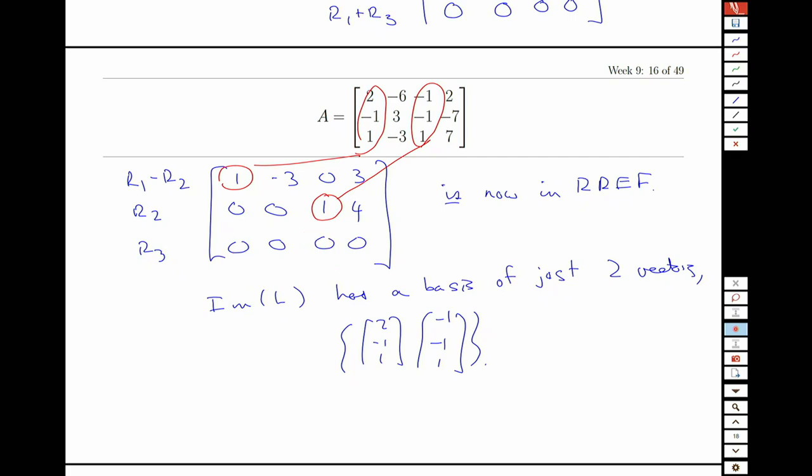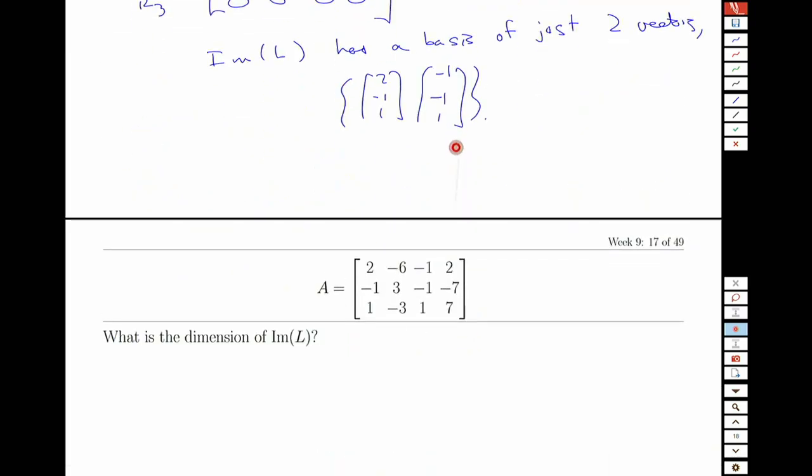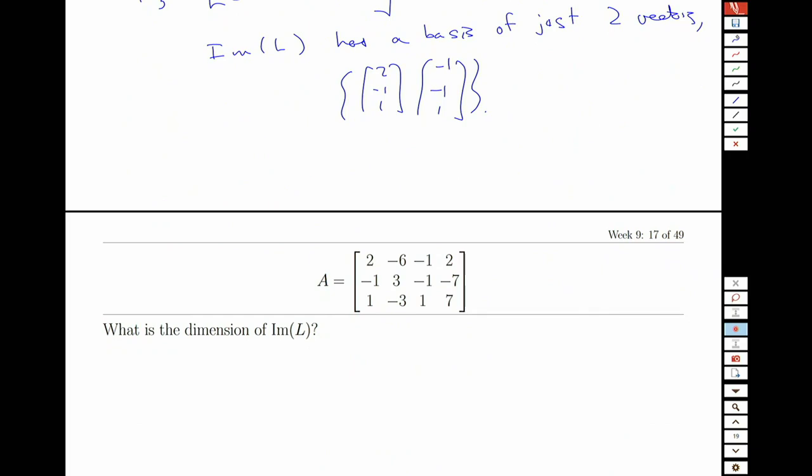It seems like the dimension of the image of L is 2. Yes, absolutely, because that is a nice consequence here. What is the dimension of the image of L? There's lots of bases, but a basis for the image of L is those two vectors, 2, -1, 1, and -1, -1, 1.